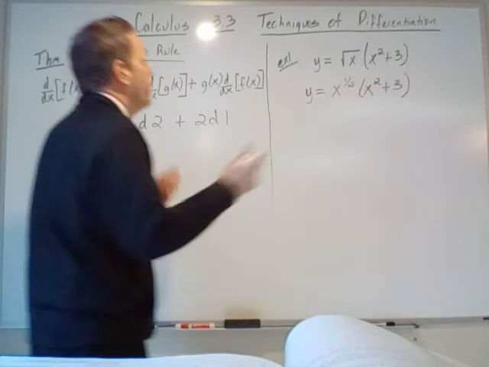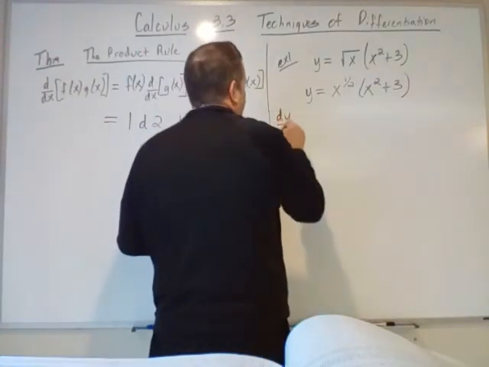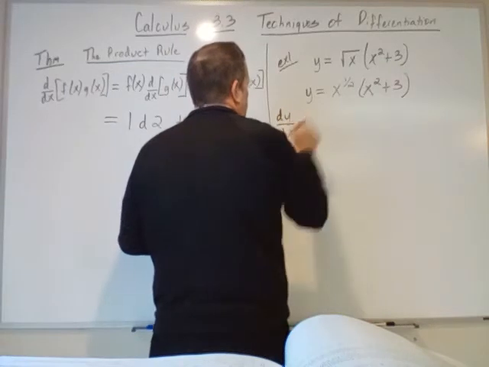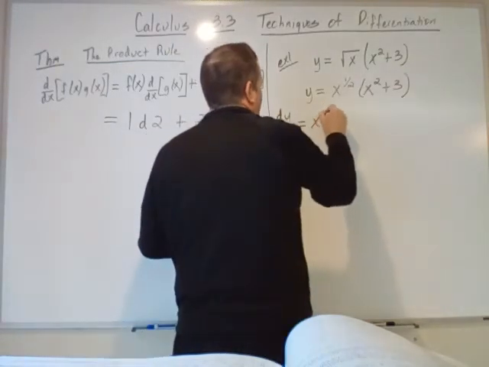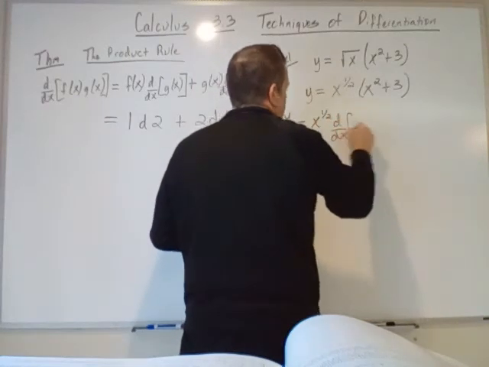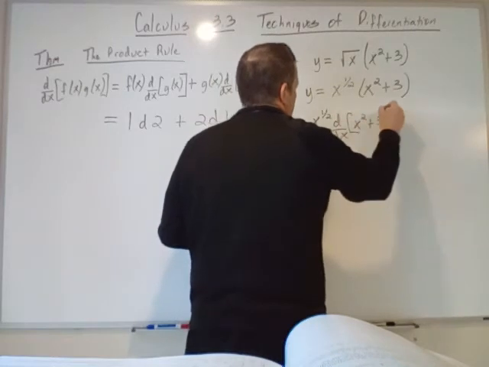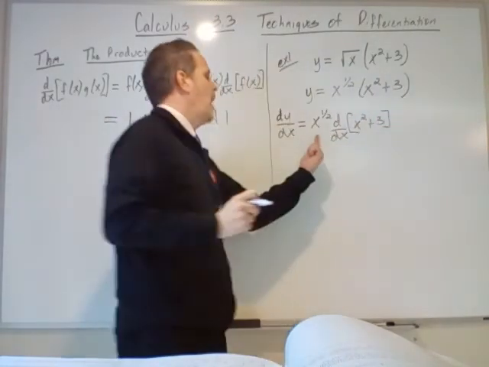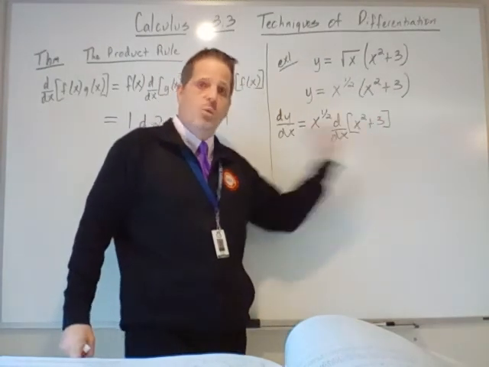So I'm going to use operator notation. dy dx equals 1, so that's x to the 1/2, times the derivative with respect to x of the second function, that's x squared plus 3. So I've got 1d2, the derivative of the second one here.